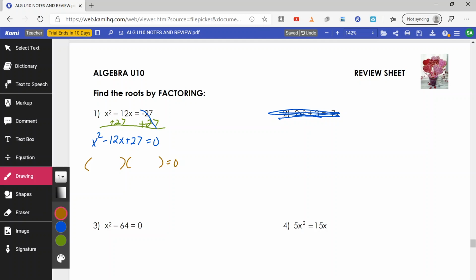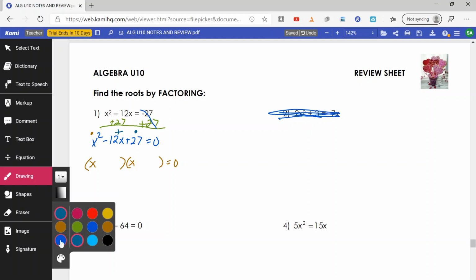Well, the first thing we need in both of these is going to multiply to our x squared. Now, the only thing that can multiply to x squared is x times x. So we're set there. Now we need to come up with two numbers. And the two numbers have to do two things. First thing, they have to multiply to positive 27, and they have to add to 12x.